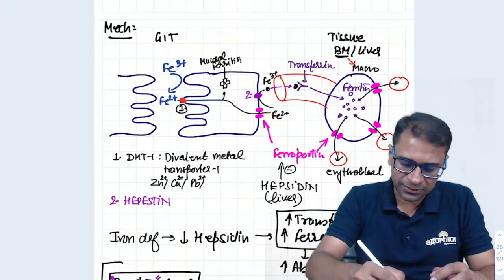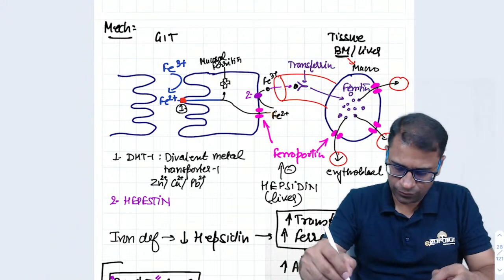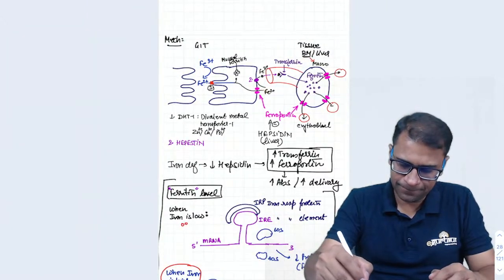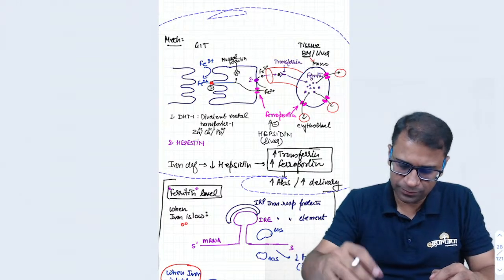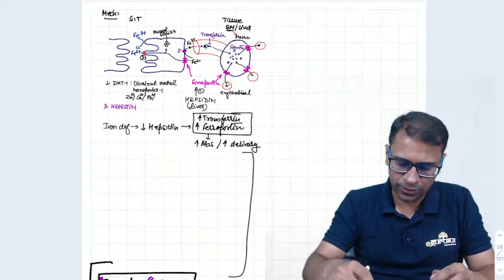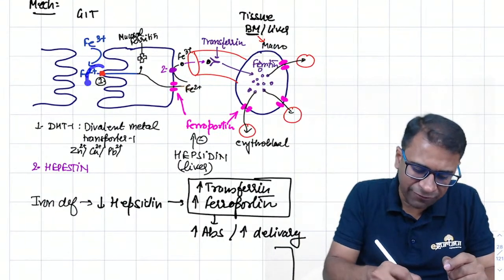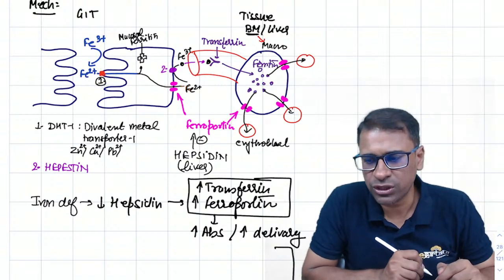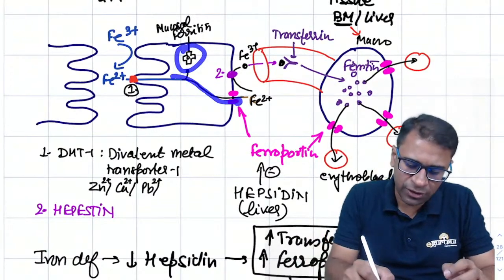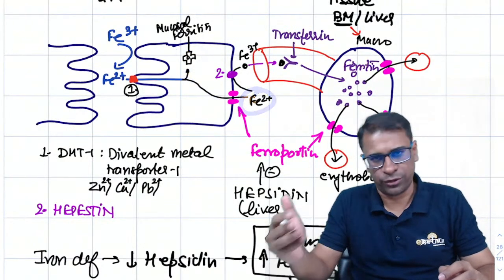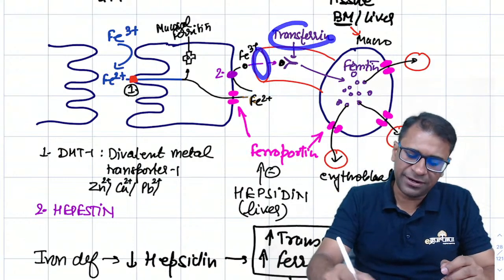Now, if you look at this image, after getting absorbed from here, a small portion is stored in the form of mucosal ferritin, while the majority is taken from the basal surface by this molecule called ferroportin. Once it comes out of the GIT, it is taken into the vessels by transferrin, right?